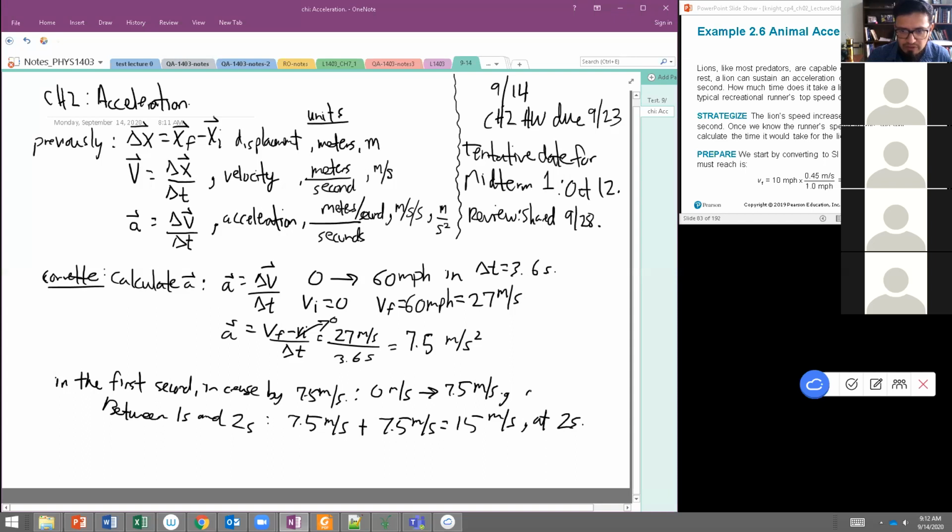The 7.5 is what you get at 1 second. And you can keep doing this. Between 2 seconds and 3 seconds, now we're at 15 plus 7.5. And so that's going to give us 22.5 meters per second at the 3 second mark. So you can just go second by second to see how this works. And obviously, as time goes by, you keep getting faster and faster.